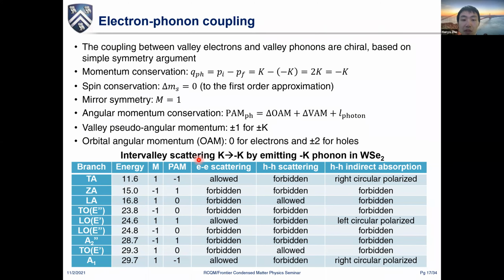So they participate in 3 types of different scattering processes. One is electron scattering, so electrons jumping from one conduction band to the other. And hole scattering, and then indirect absorption, which means that the holes scatter with each other, and then there's an additional photon that participates in the scattering.